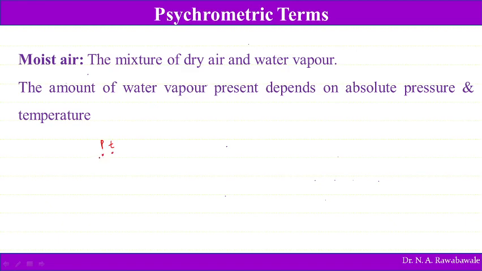For example, at a pressure of 1 bar and a temperature of 27 degrees Celsius, the water vapor present is some x. If the pressure stays the same and the temperature changes to 28 degrees Celsius, the water vapor changes to y. So if pressure or temperature changes, the moisture holding capacity of air also changes.